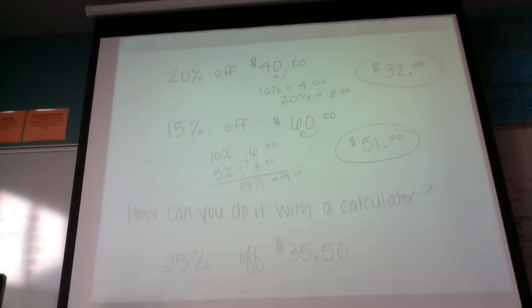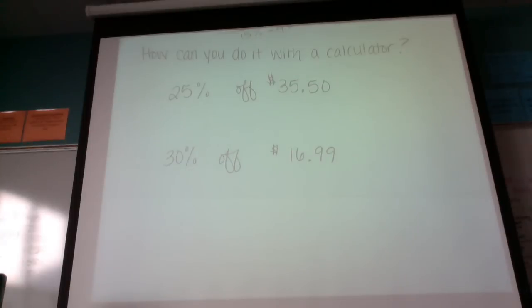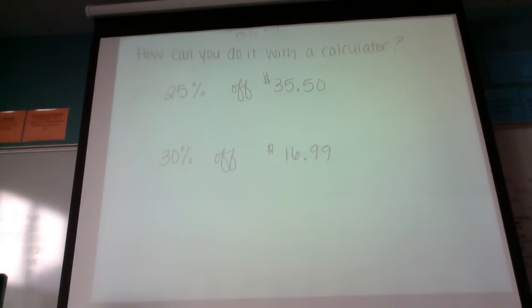Okay. Now you can also do these with a calculator, and that might be the way that a lot of you choose to do these, and this will all come back into play in a couple of weeks when we talk about our projects. But a way you can do it with your calculator is simply to type in the price and change this percent to a decimal. So we want to change that percent to be 0.25. And I'm going to then multiply it by this price of $35.50.